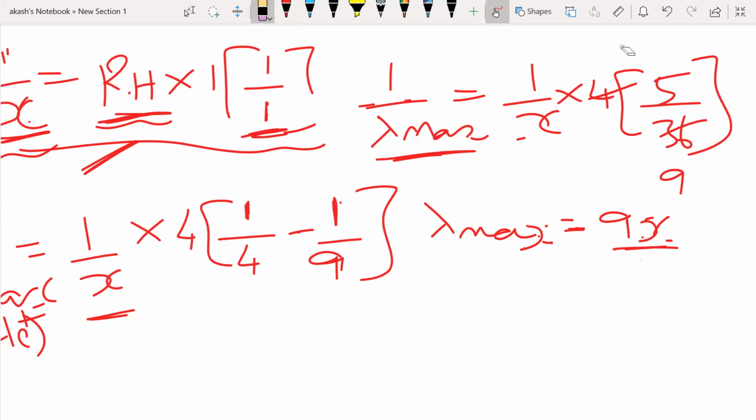Yeah, I got the answer. Okay, 9x divided by 5. That's my lambda max value. I hope you already understood. Just simple calculations. Okay, so answer is A, correct.